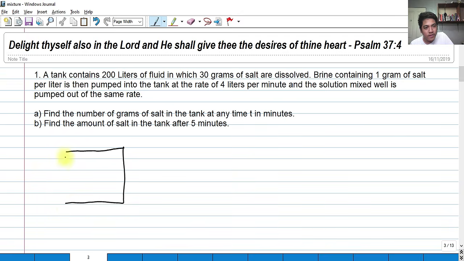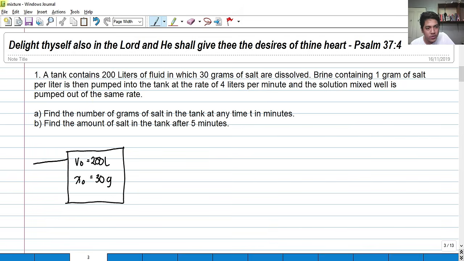We have the initial volume of 200 liters and an initial amount of salt, x naught, of 30 grams of dissolved salt. The second sentence tells us brine containing 1 gram of salt per liter is then pumped into the tank at the rate of 4 liters per minute, and the solution mixed well is pumped out at the same rate.